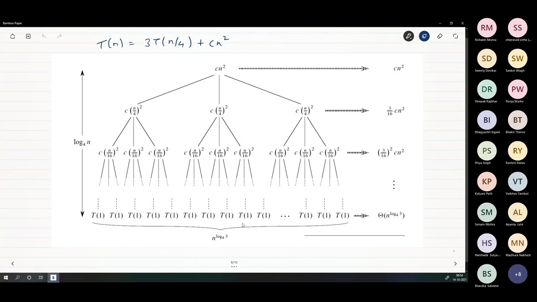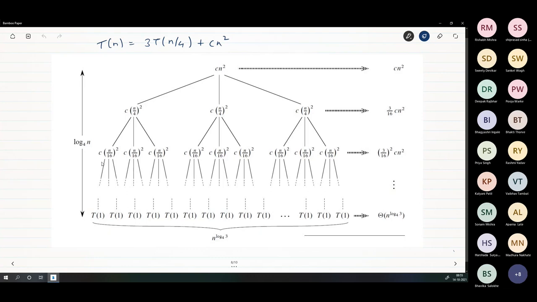But now how many times do you have T of 1? That is the question. Firstly, what is the height at which you will get T of 1? It is log to the base 4 of n. Is it clear why? Can someone tell me why it is log to the base 4 of n? I just explained it in the previous slide.